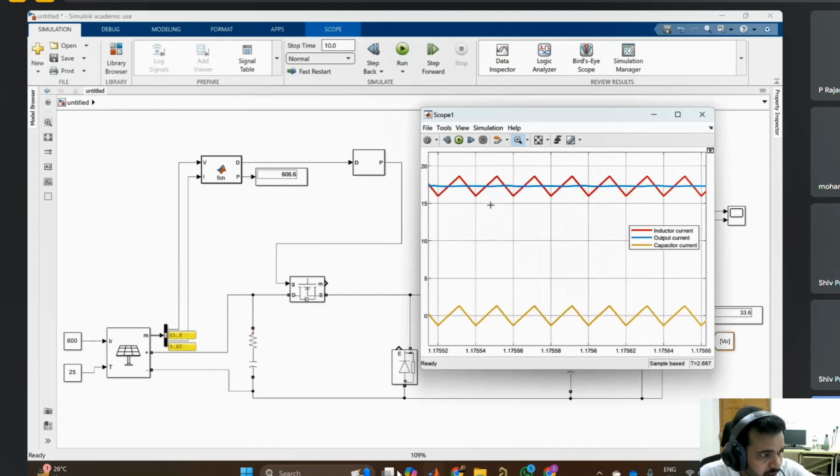You can say that the capacitor current is inductor current minus output current. Blue one is output current. If you subtract this one, then you can see the capacitor current goes from 0 to positive. And we know the average of capacitor current in a cycle is 0.